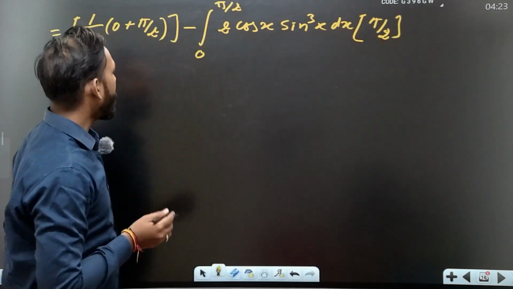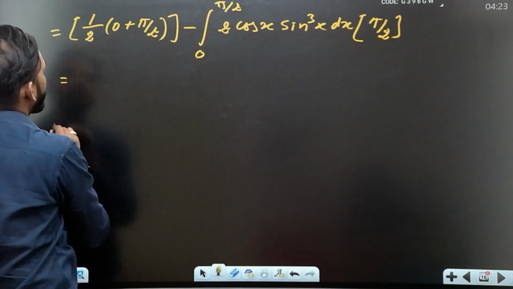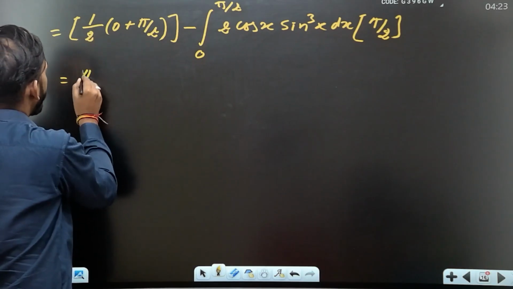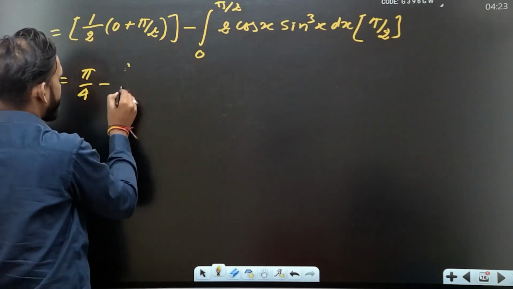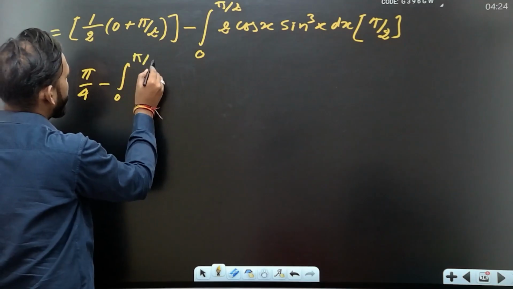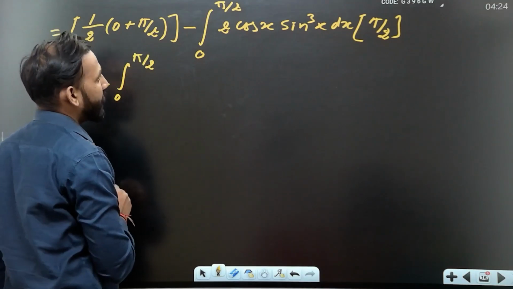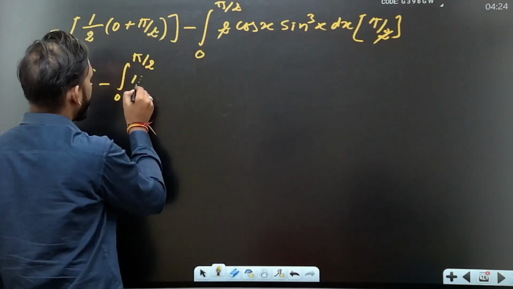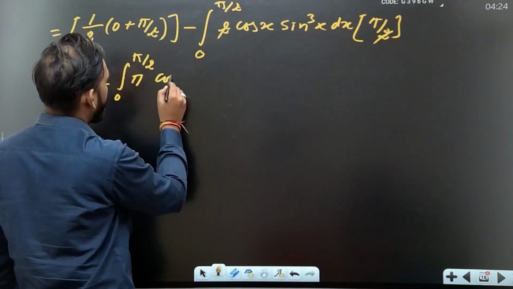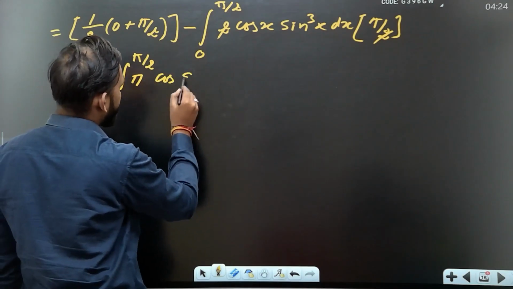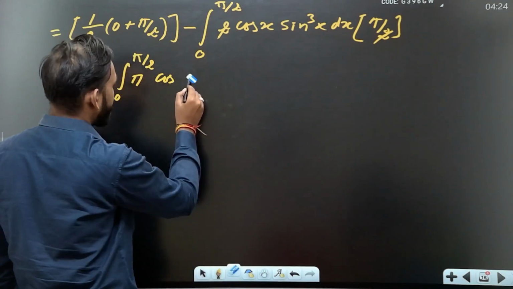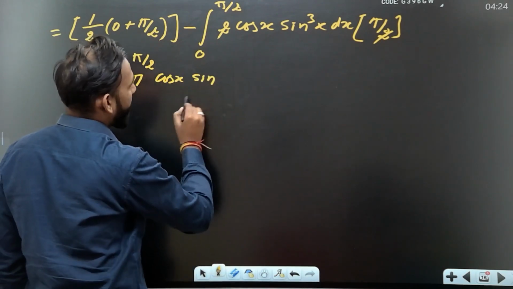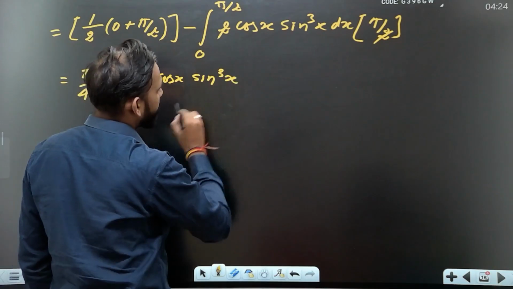Okay, now what is this? This is pi by 4 minus integration 0 to pi by 2, and 2 will be cancelled out from this 2, and we get pi cos x sine cube x, right?